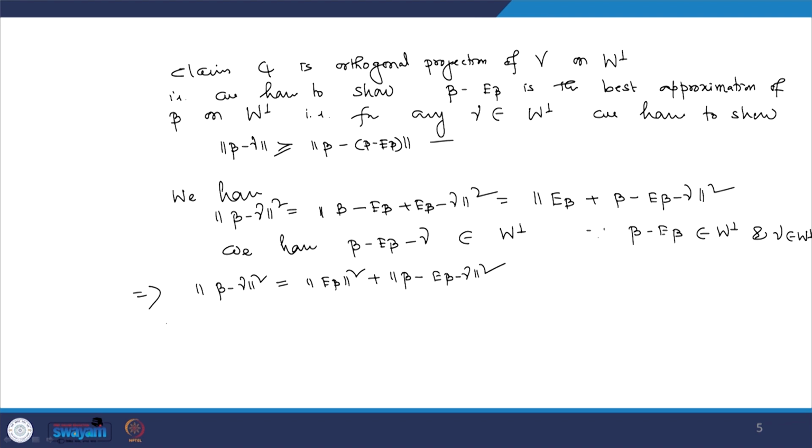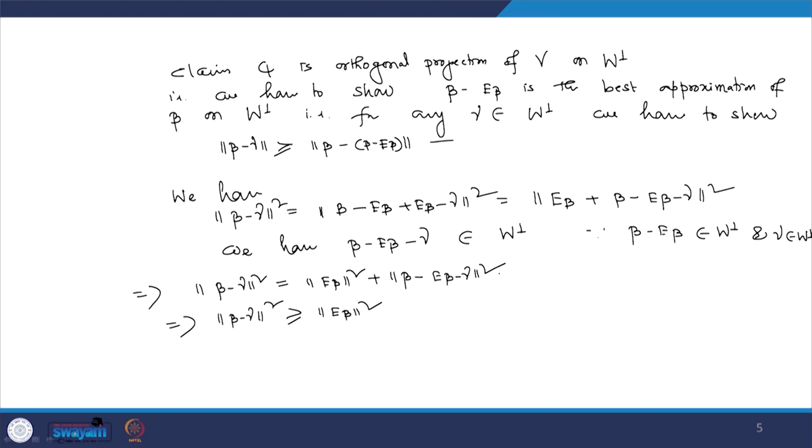So, this implies that norm of beta minus gamma whole square is greater than or equal to norm of E beta square, because norm of beta minus E beta minus gamma whole square is a positive quantity.